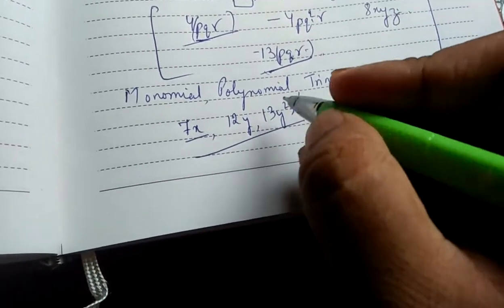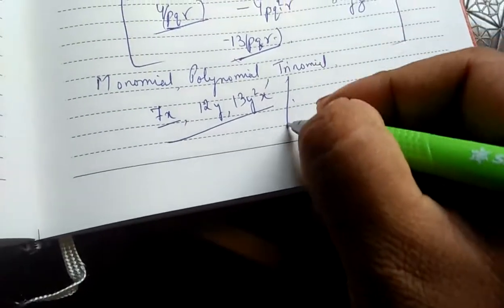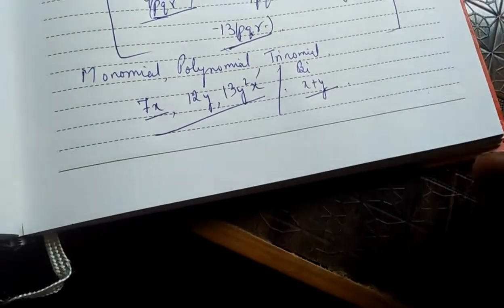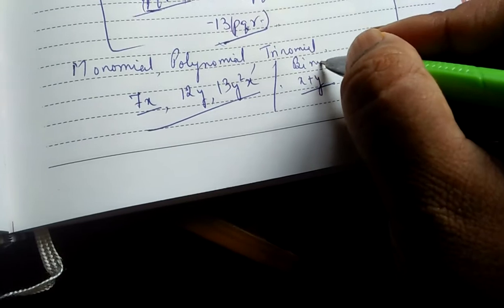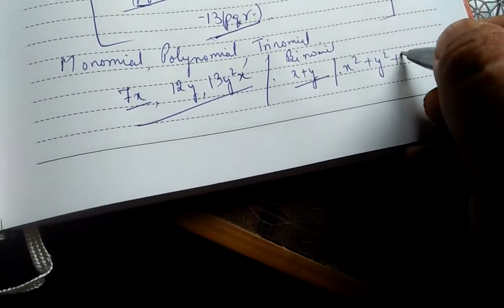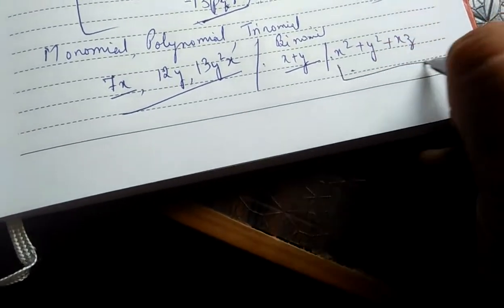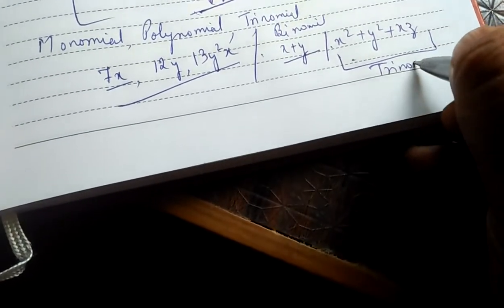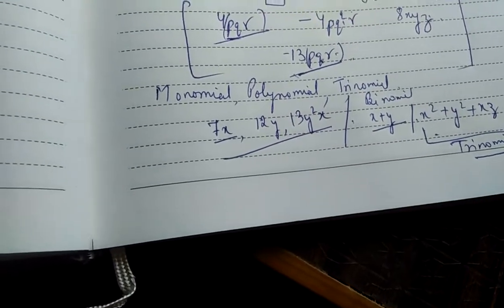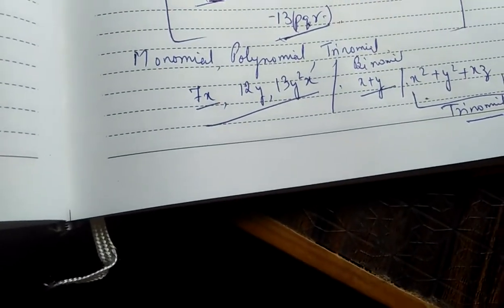So this is a monomial, it has only one term. Binomial, x plus y, two terms, is binomial. x square plus y square plus xz, this has three terms, so trinomial. So polynomial is an expression with one or more terms.